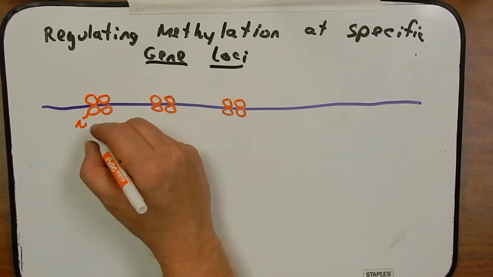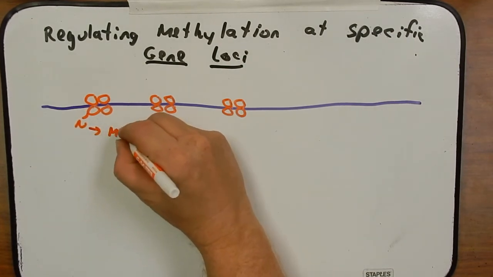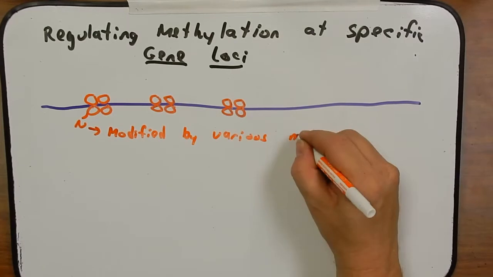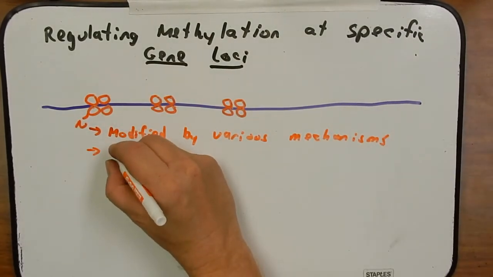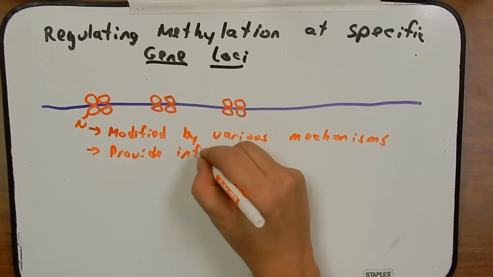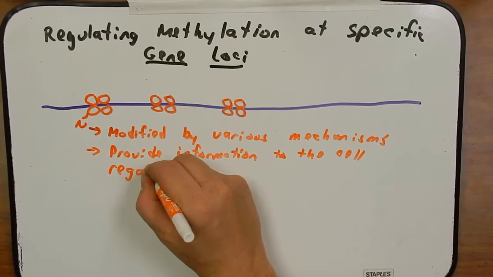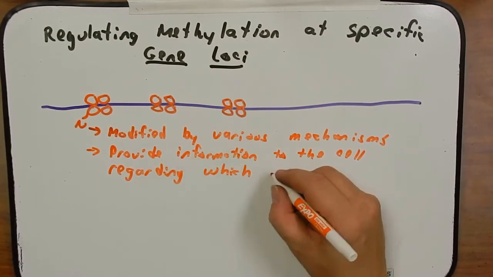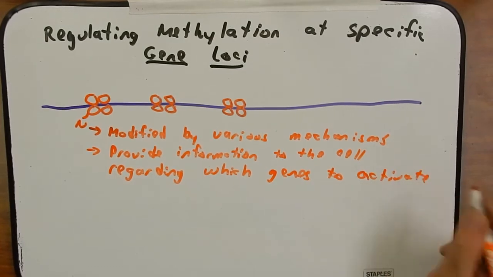Because of where they're at and how they are exposed, they can be modified by various mechanisms. These modifications provide information to the cell regarding which genes to activate and which ones not to activate.